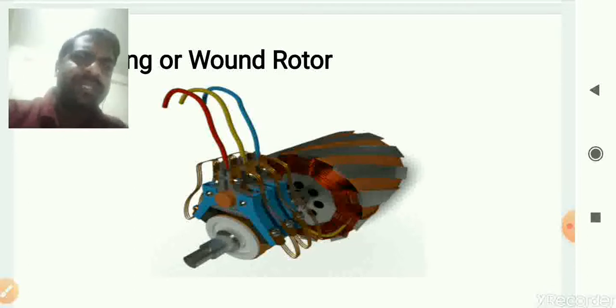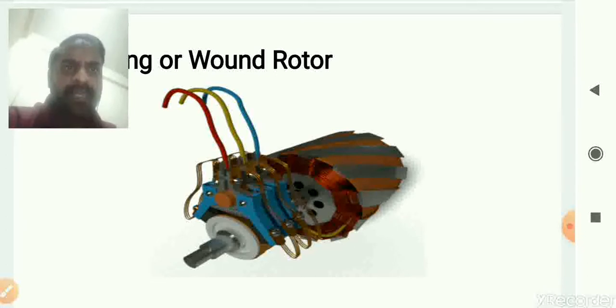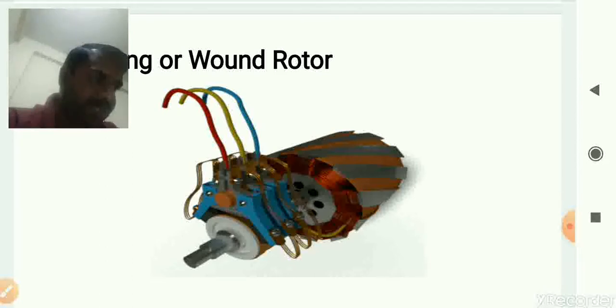The three terminals of these windings are connected to the three slip rings, which are metallic rings connected to the same shaft. That's why this wound rotor is called a slip ring induction motor.